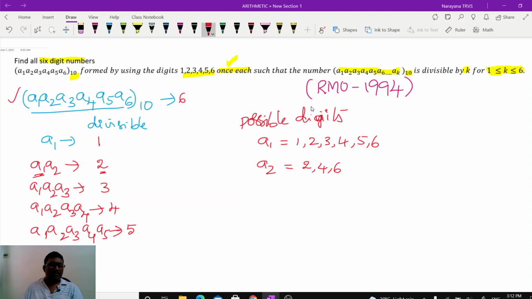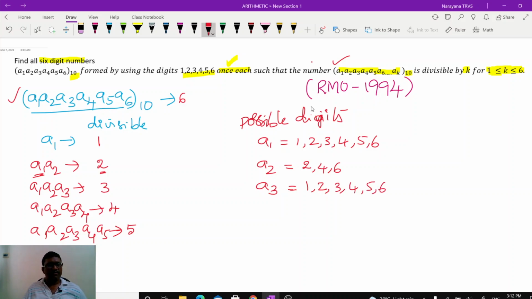Next, the third one, A1, A2, A3 must be divisible by 3 according to this condition. What are the possible digits for A3? Either 1, 2, 3, 4, 5, 6.